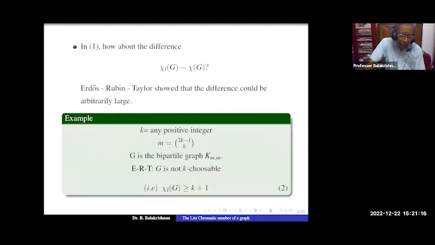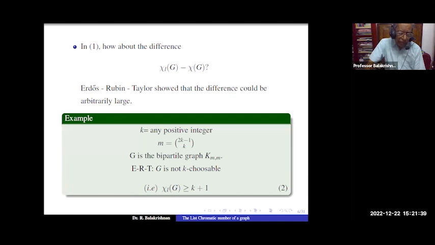Now, before that, how about the difference? So you say that the chromatic number is always less than or equal to the list chromatic number. How about the difference between the list chromatic number and the chromatic number of a graph G?